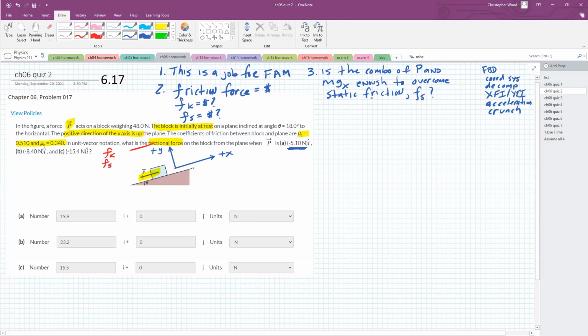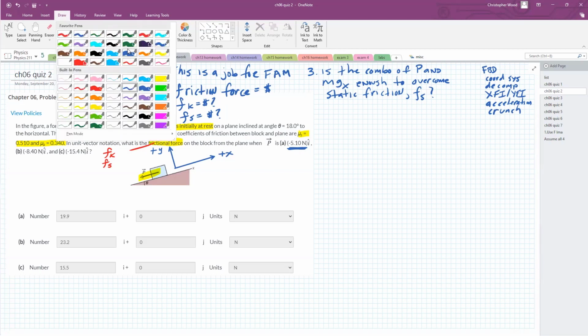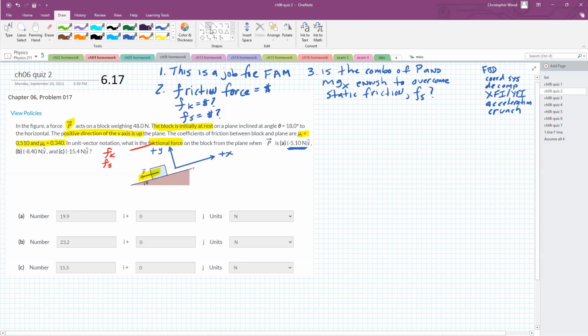And before I get too far ahead of myself, here's the free body diagram. So let's do the whole free body diagram thing. We're getting really good at this. I have weight going straight down, acting on the center of mass. There's weight, W equals mg.